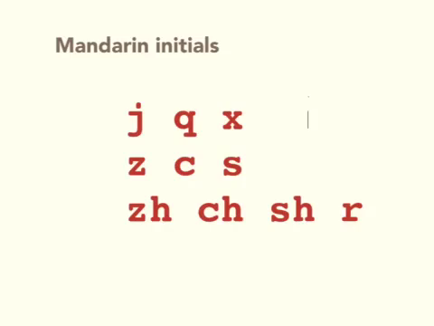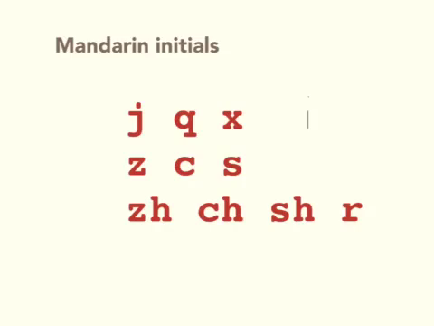It's almost like an SH, but a little bit more forward in the mouth. And it's always going to be followed by a very forward vowel sound, like E, which is produced at the very front of the mouth. Even if it's followed by a U, it's always going to be an umlaut U. So it's always going to be xu rather than shu, which doesn't make any sense. Can't even say it in Chinese.